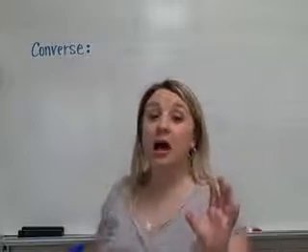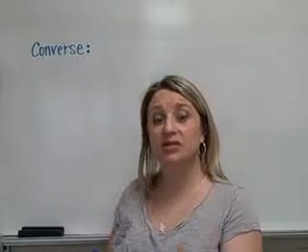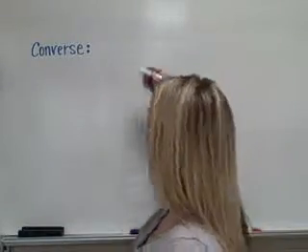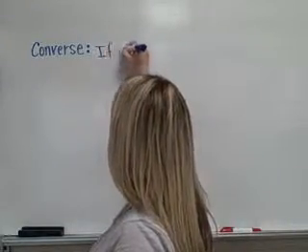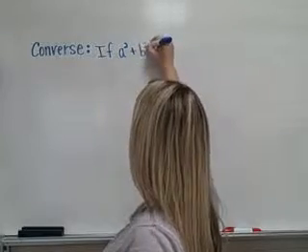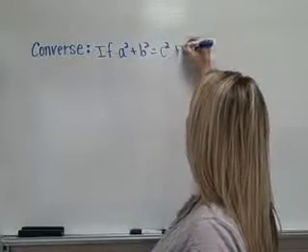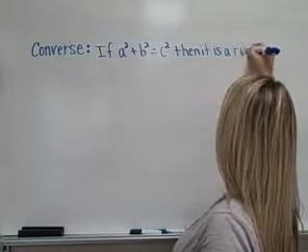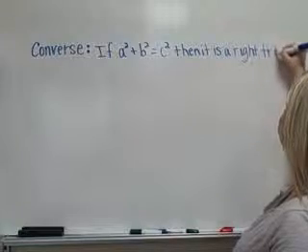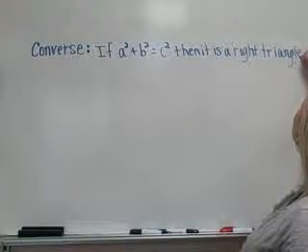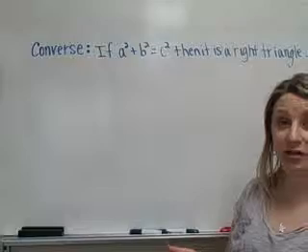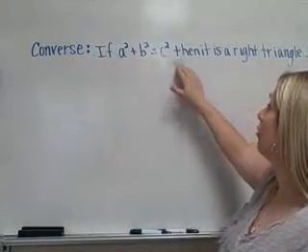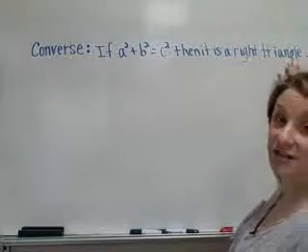For example, if a squared plus b squared equals c squared, then it is a right triangle. That is the converse of the Pythagorean theorem. Now, the Pythagorean theorem says if it's a right triangle, then a squared plus b squared equals c squared.